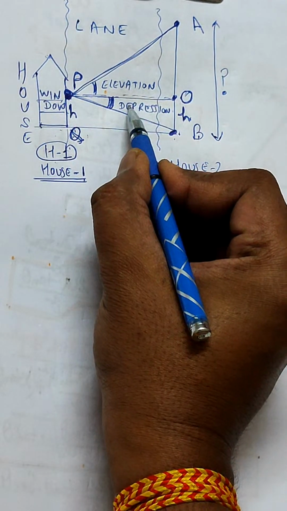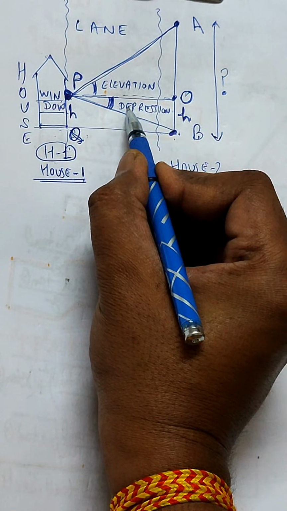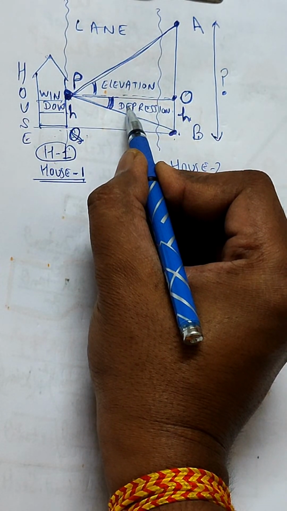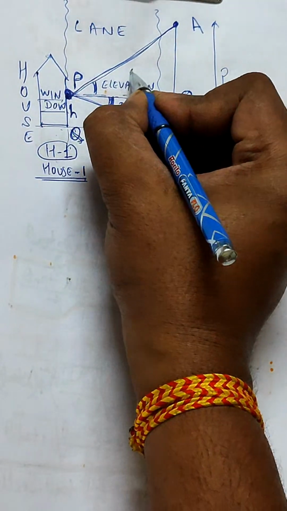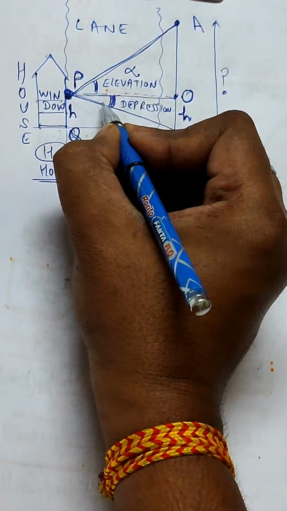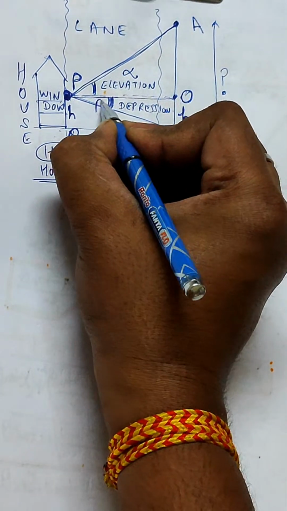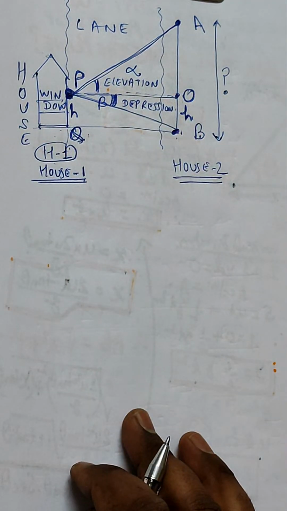Now what we will do, if this is the angle of elevation alpha and the angle of depression is given to you as beta, right? This is given to you.